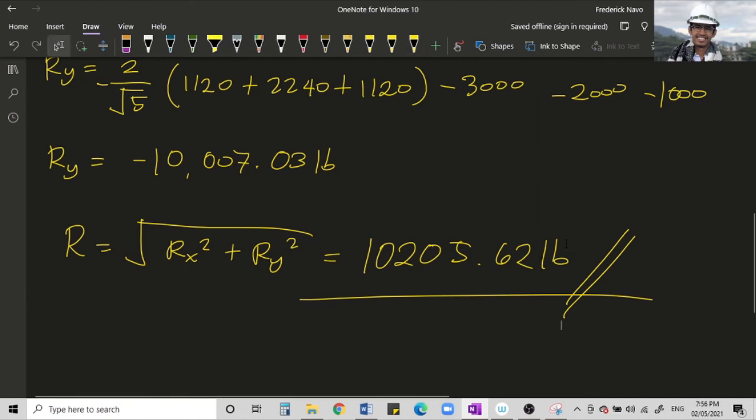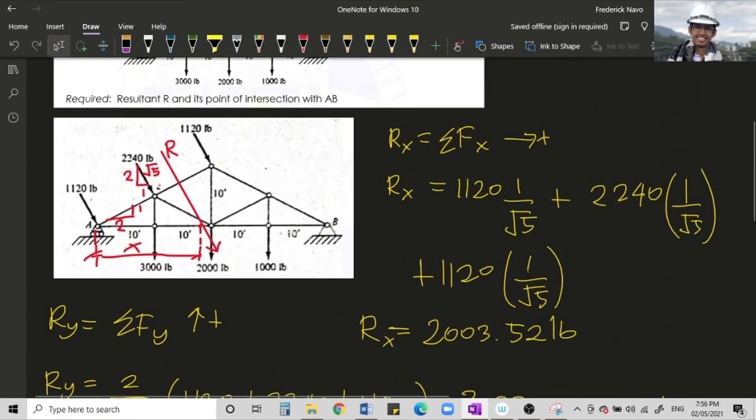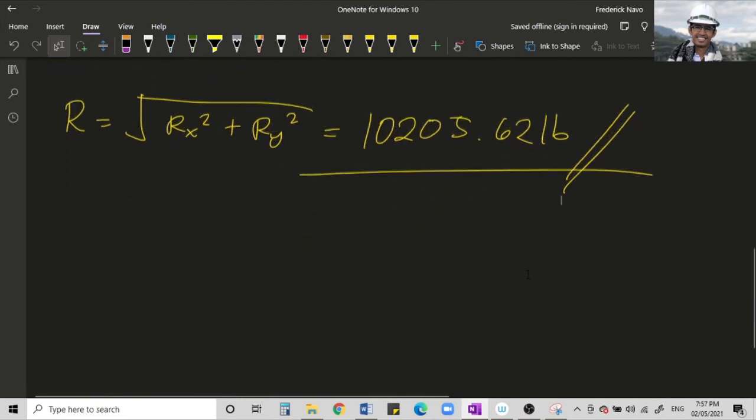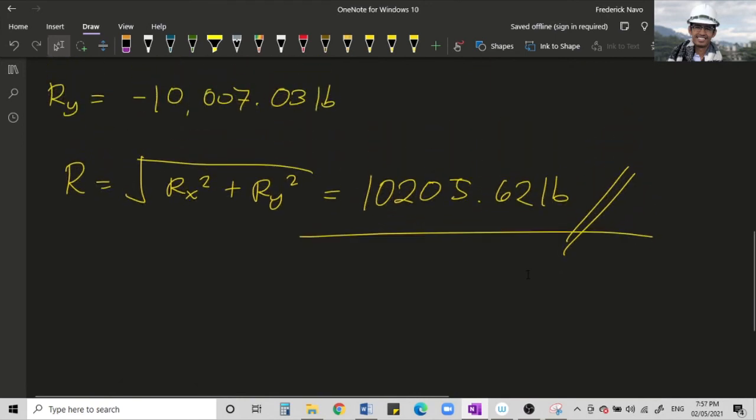And the location is our theta x, the angle of inclination. So, theta about x, or from the horizontal x, is equal to the inverse tan of Ry over Rx.